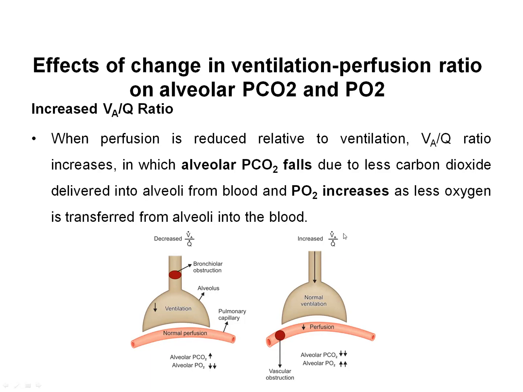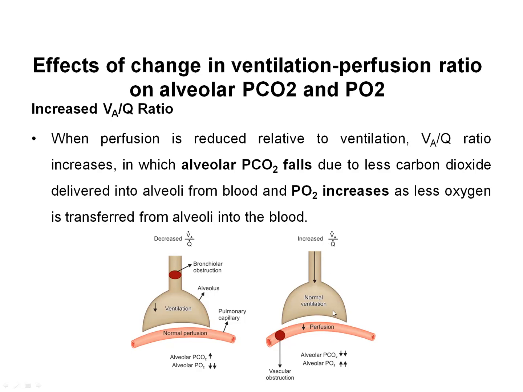Now, if there is an increased VA/Q ratio, here you can see the ventilation is normal, but there is an abnormality in the capillaries. So here it is a perfusion problem. If there is an obstruction in the vessel, the perfusion is abnormal. Now what happens in this particular case? The perfusion is reduced and that gives an increased VA/Q ratio.